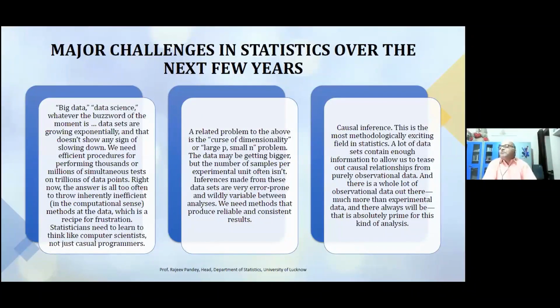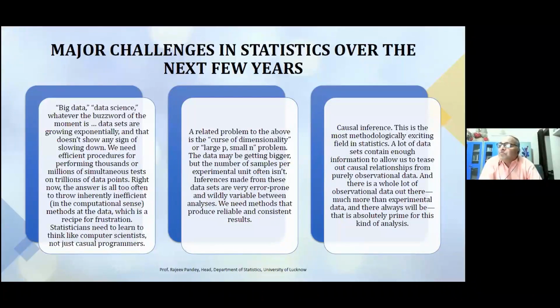The data may be getting bigger, but the number of samples per experimental unit often isn't. Inferences made from these data sets are very error prone and widely variable between analyses. We need methods that produce reliable and consistent results.